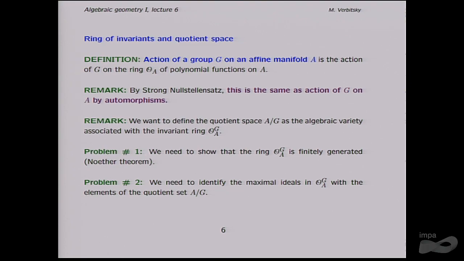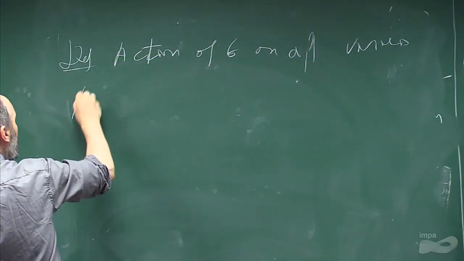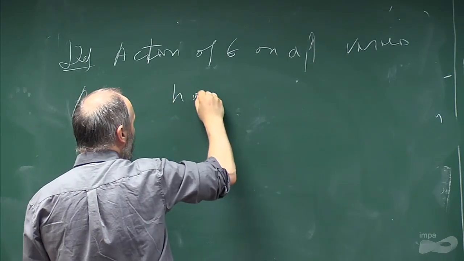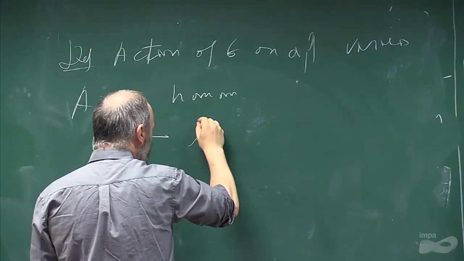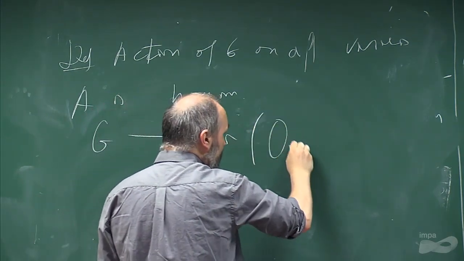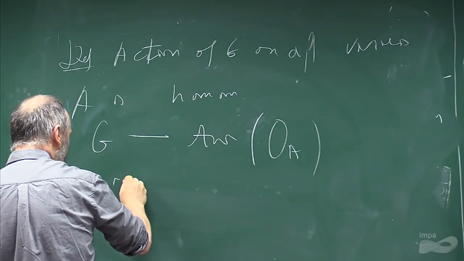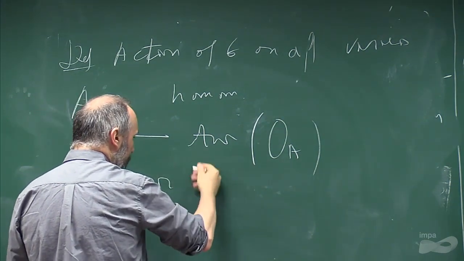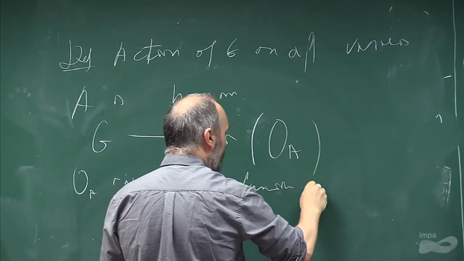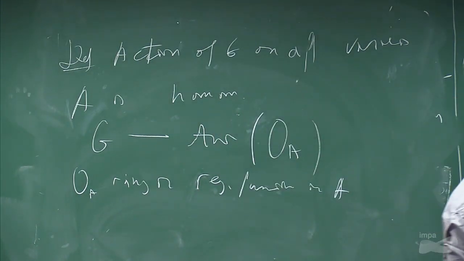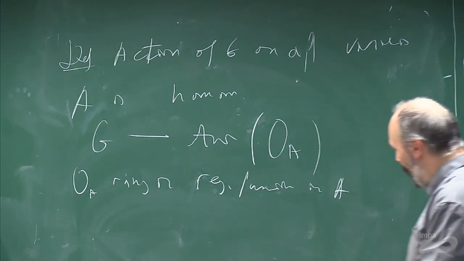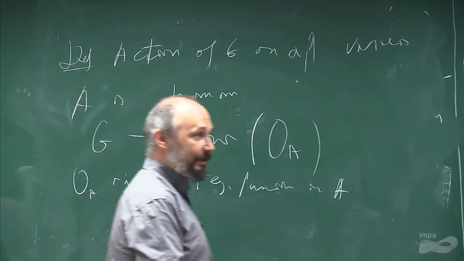So by definition, an action of G on an affine variety A is a homomorphism from G to automorphisms of the ring of regular functions on A, where O(A) is the ring of regular, or polynomial, functions on A. Of course, these categories are equivalent, the category of affine varieties and the category of finitely generated rings without nilpotents. So this is really the same as an action on the variety.